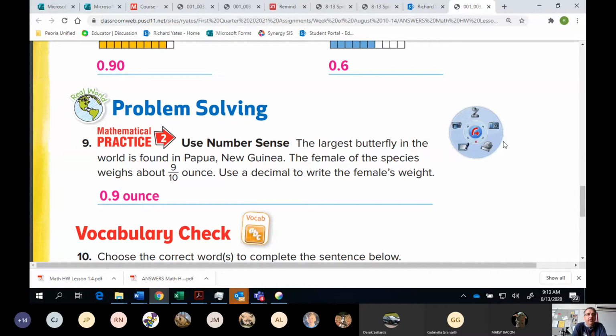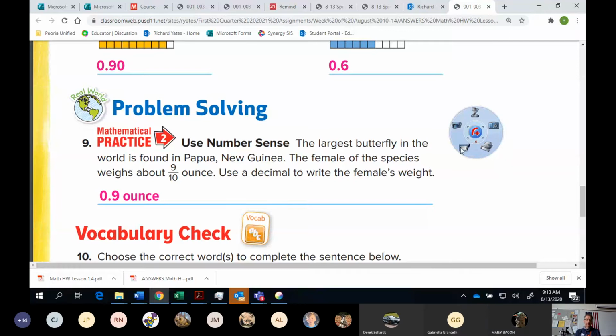You were about to say it, and then I told you to go say something else. So you look like you did a good job with that answer sentence. What was that answer sentence there? The female butterfly weighs about 0.9 ounces. That's excellent. A lot of detail in your answer sentence there, Maisie.